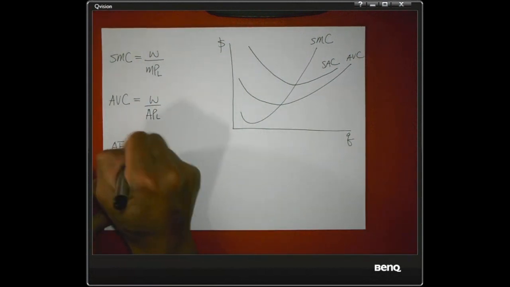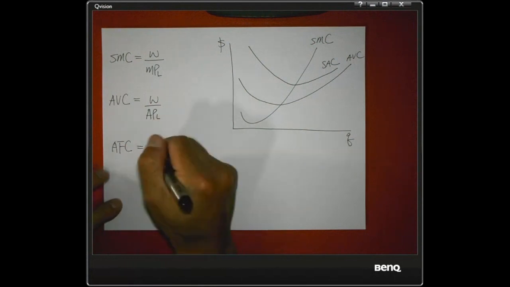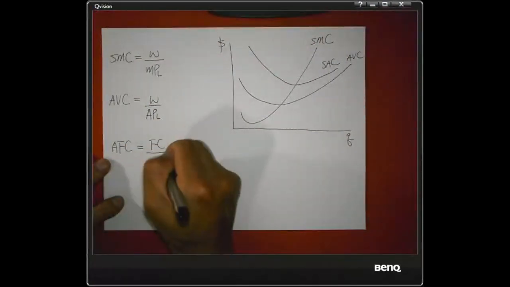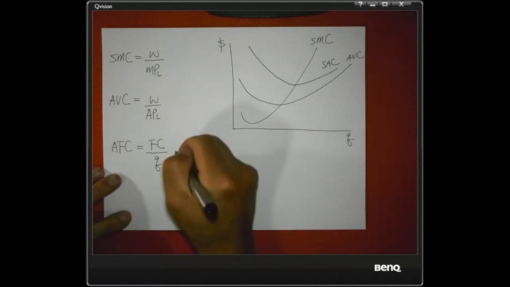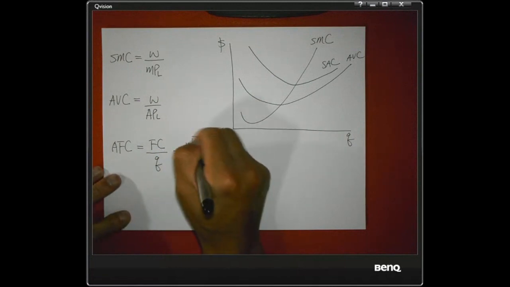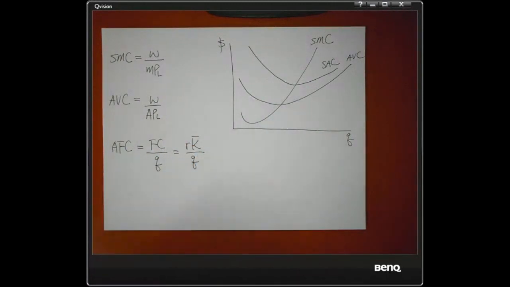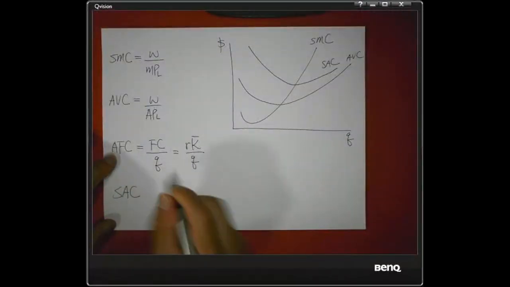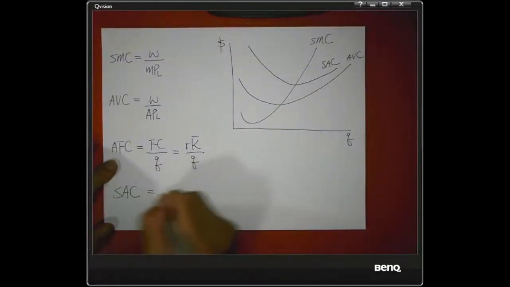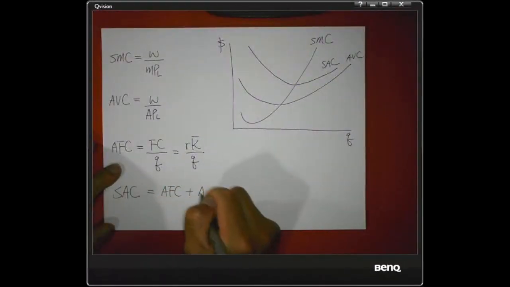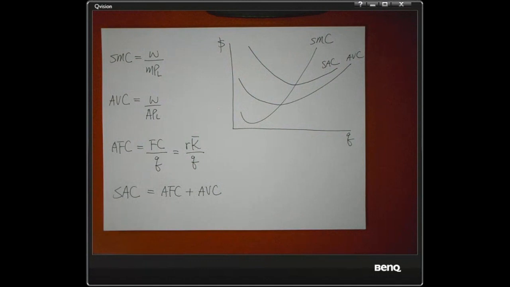And the average fixed cost is equal to the fixed cost over the output, which is this. And the short-run average cost equals the average fixed cost plus the average variable cost.